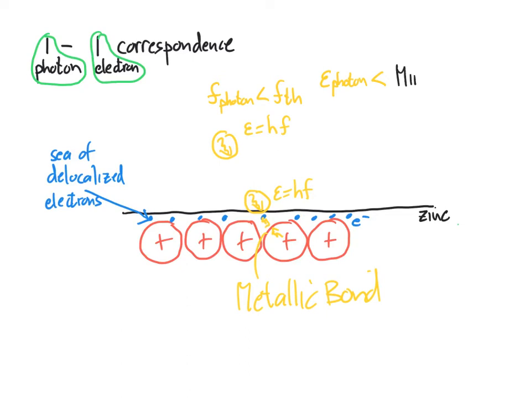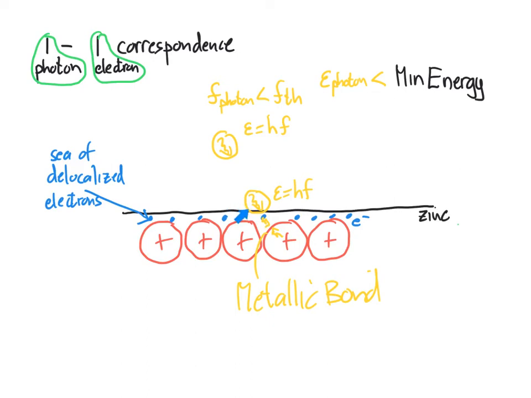So there is a minimum energy that is required in order for the Coulombic interaction between the electron and the positive metal ions to be broken. And in the case of a yellow photon, that energy is less than the minimum energy required. So that means the electron does not leave the surface.